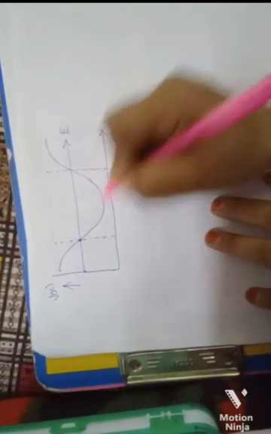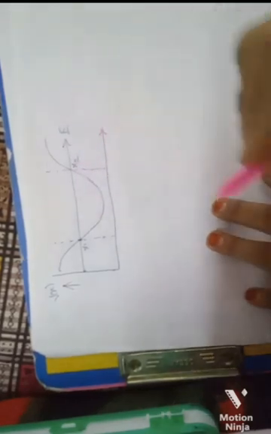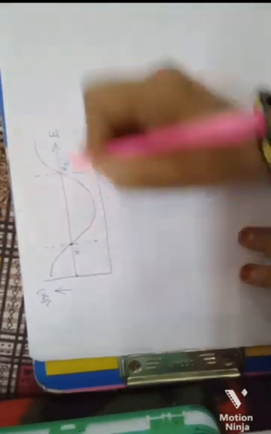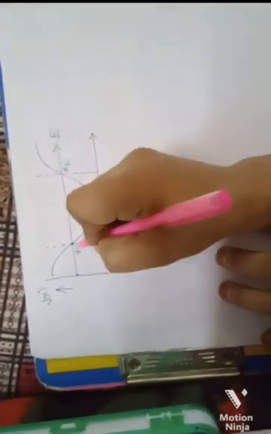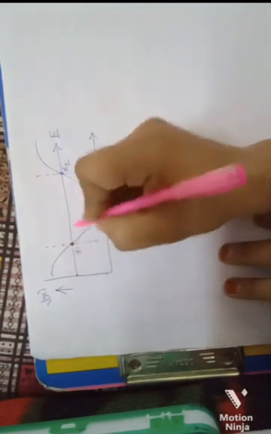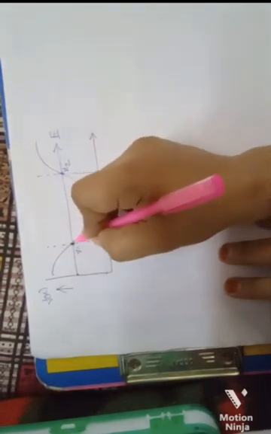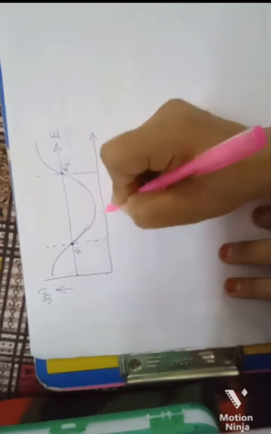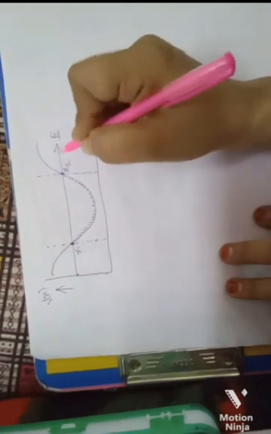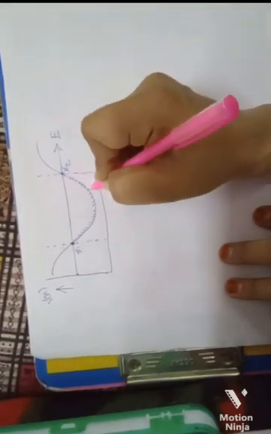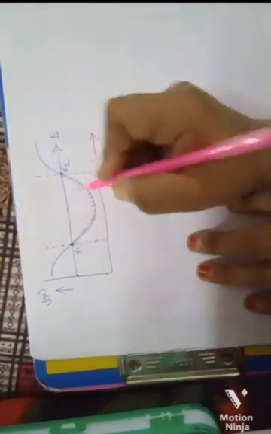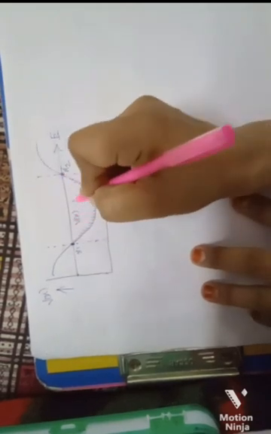See here, students, this point is x1, this point is x2. At these points our kinetic energy is equal to the potential. Beyond this point, this potential is less than E, so V of x is less than E.